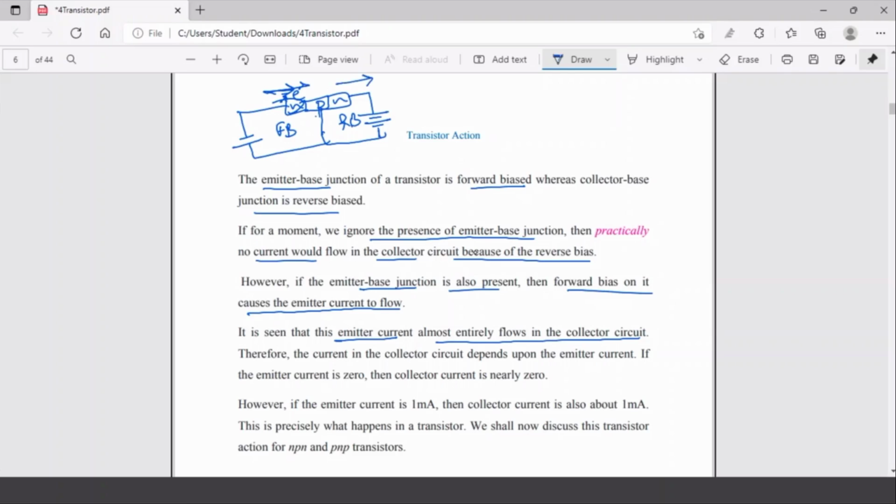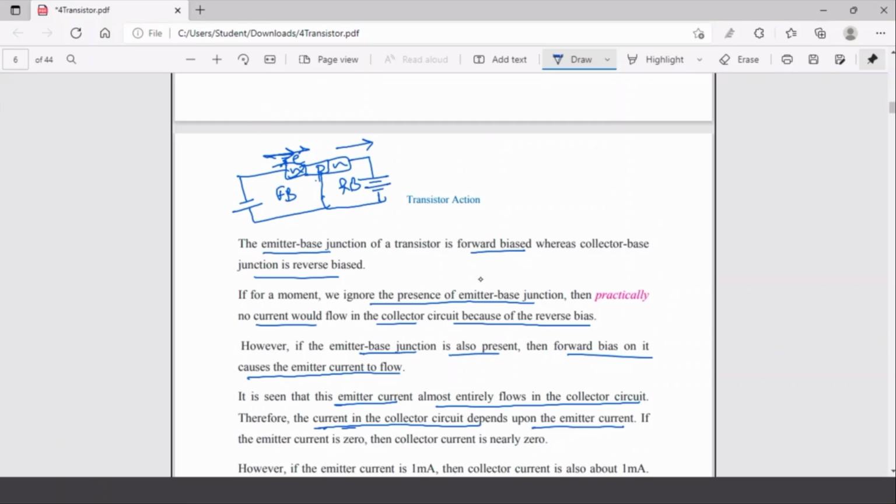Not 100%, but the majority of this current passes through the thin base layer and reaches the collector. Therefore, the current in the collector circuit depends upon the emitter current. If I call this the collector current IC, then this is the emitter current IE.